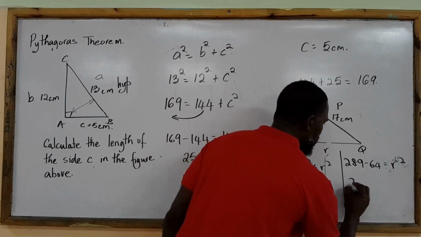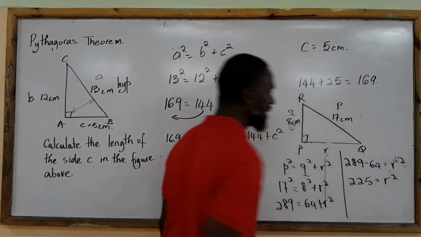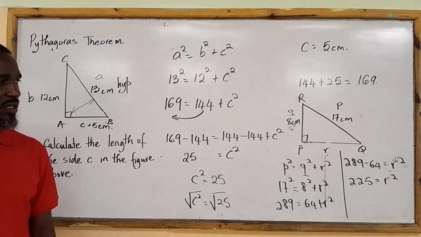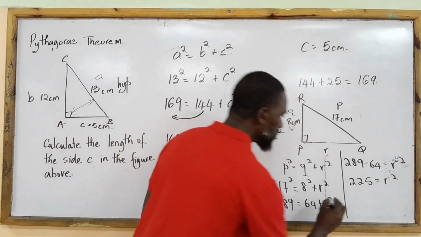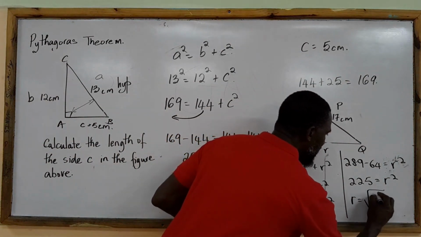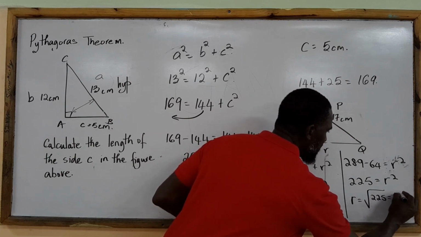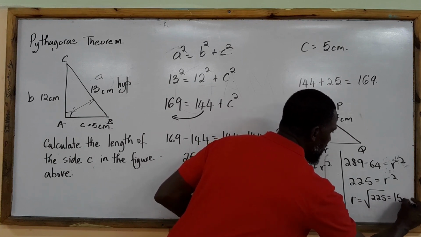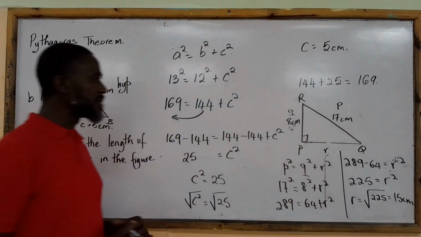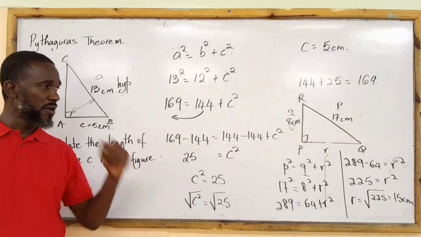So 225 is equal to r squared. Is that the length of r? What do I need to do? Find the square root. So r is equal to the square root of 225, and that is equal to 15 centimeters. So basically, gentle people, this is how we apply Pythagoras' Theorem.